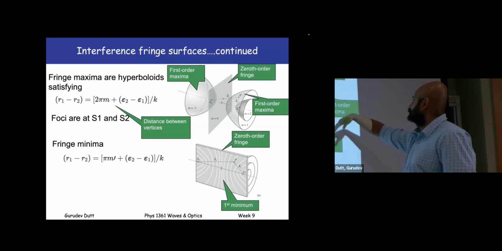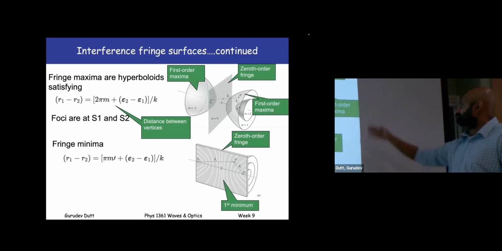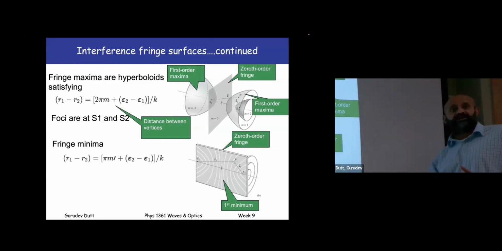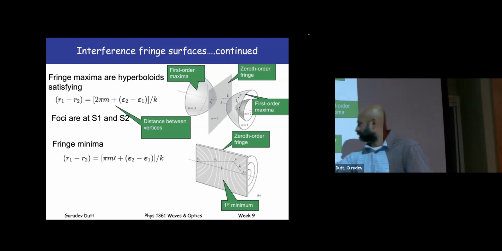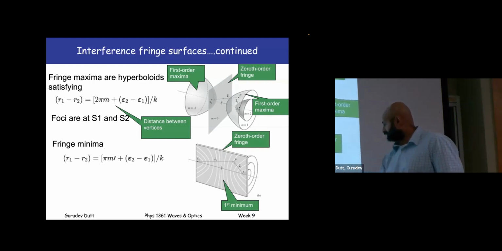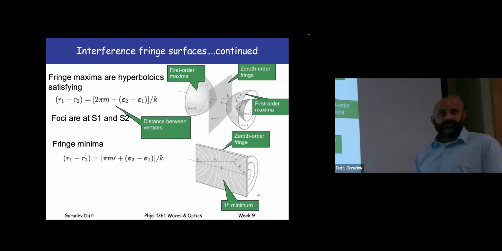Then, in our actual detectors or experiments, we're not observing the entire hyperboloid surface. We're typically locating a screen or a detector at some location in a plane. Here, for example, I've drawn a plane that encloses all 3 points, S1, P, and S2. This plane also includes the axis between S1 and S2.